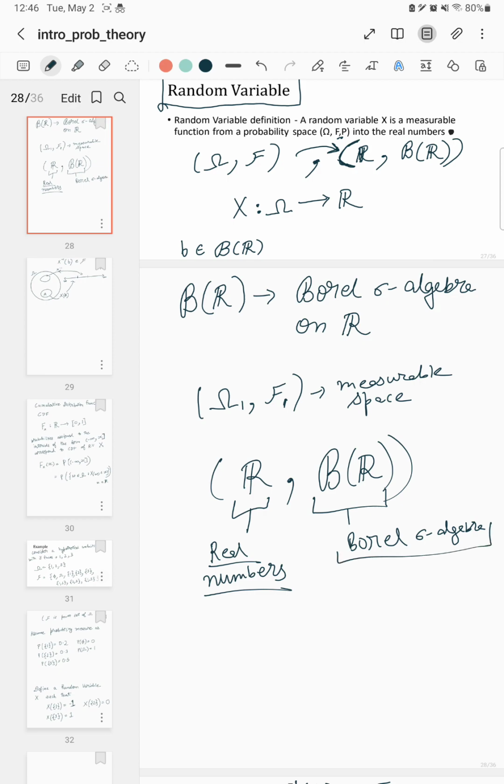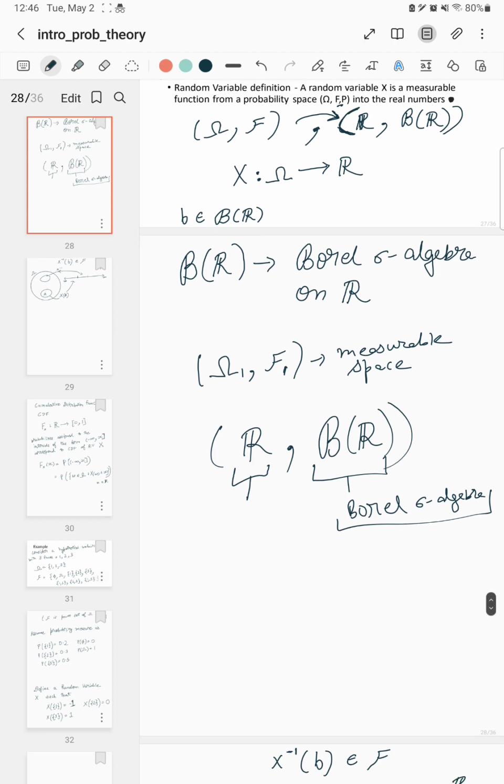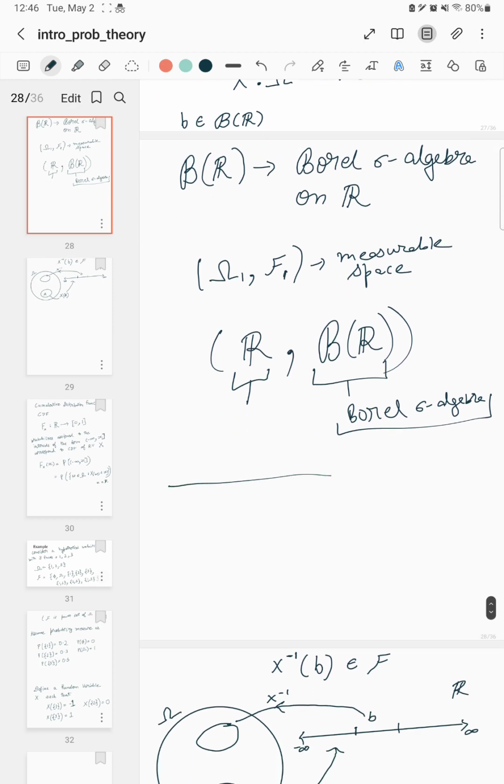So what's a Borel sigma algebra? You can watch our previous video to check that in more detail, but I'll give a brief summary of what a Borel sigma algebra means. Let's say there is this line, which is a real number line extending from minus infinity to infinity, and all the elements present in the set are real numbers.